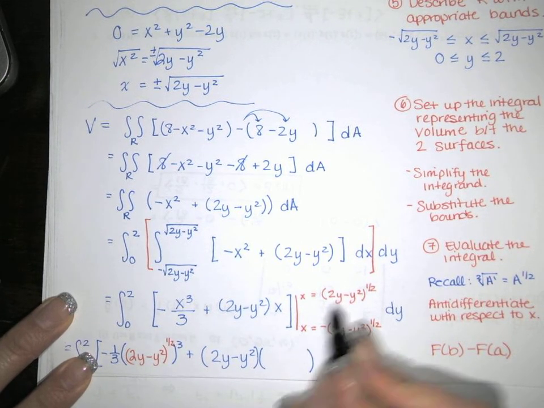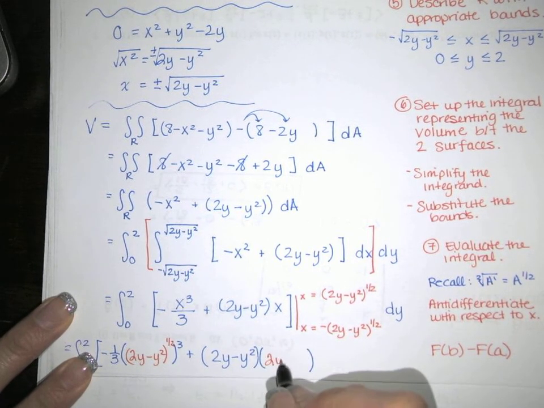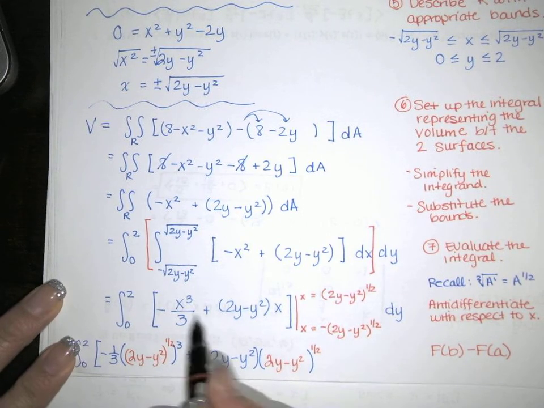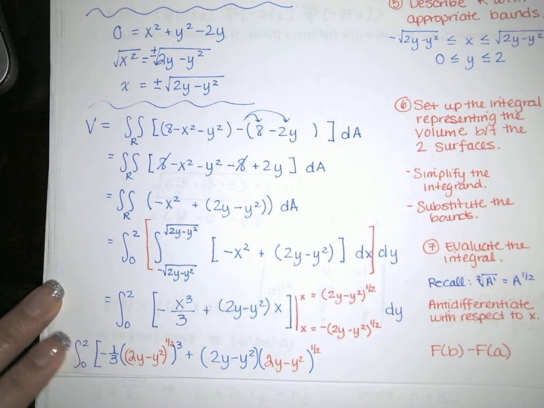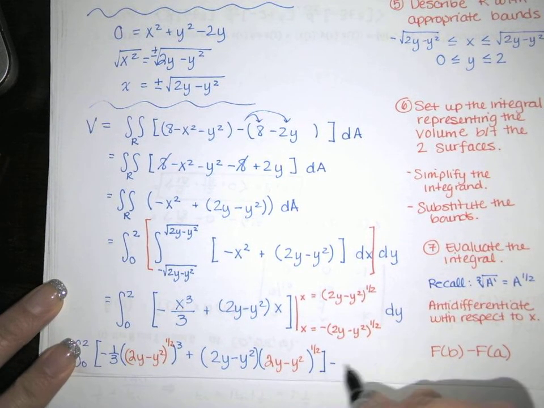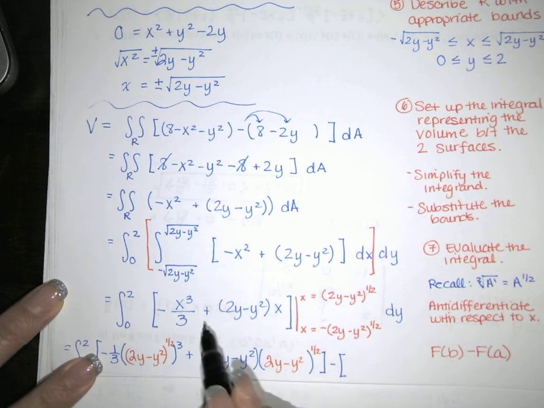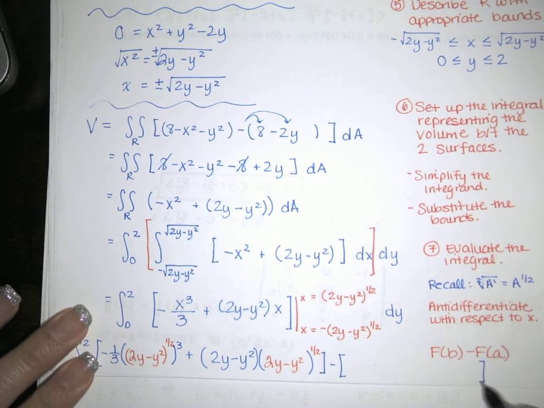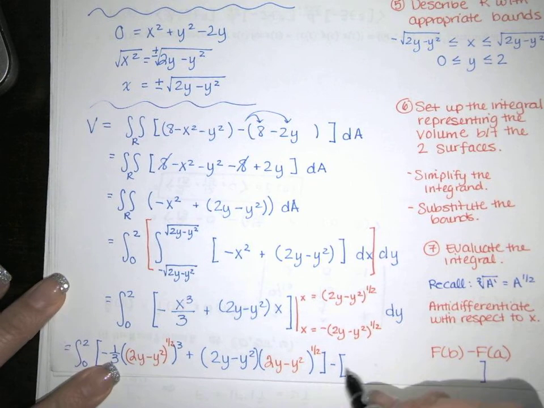And over here, I'm replacing x with the same thing, 2y minus y squared to the 1/2. That is this expression evaluated at the upper bound. So that's our f of b. Now I have to take all of that, oh my goodness, and subtract all of this evaluated at the lower bound. There's not going to be enough space. I'll do the best I can.